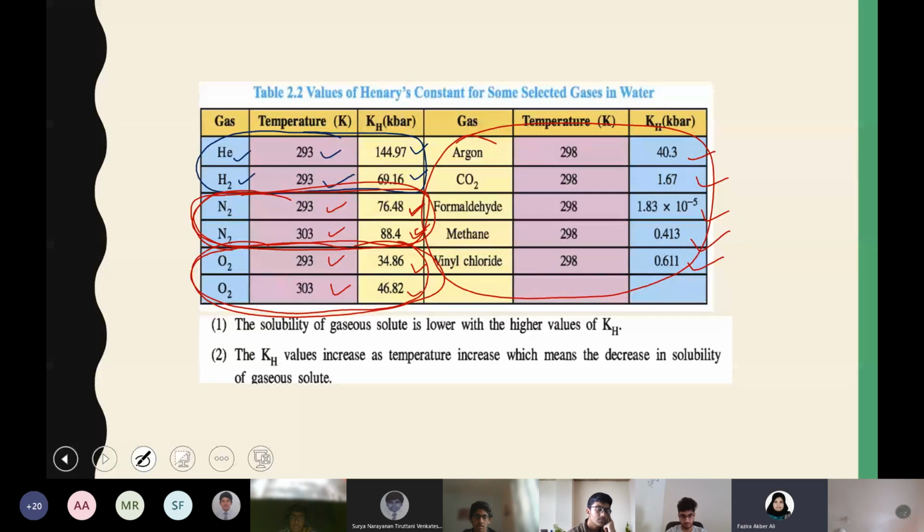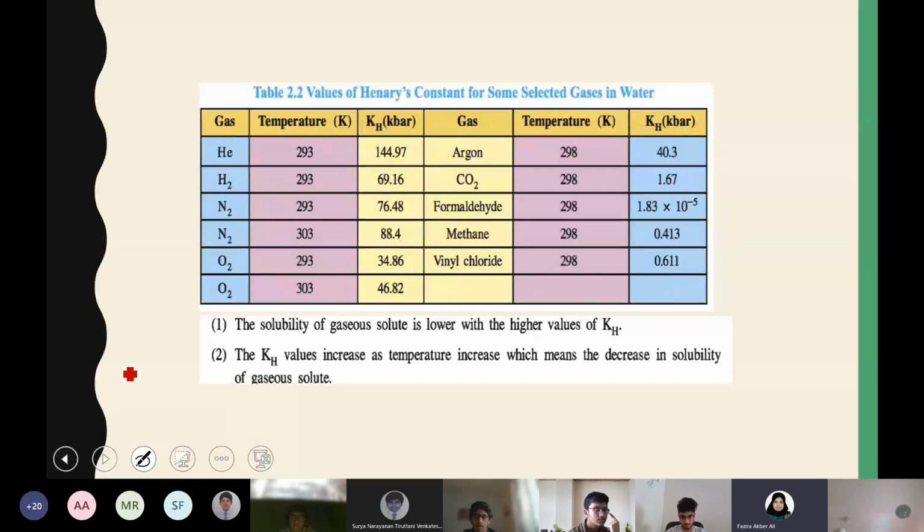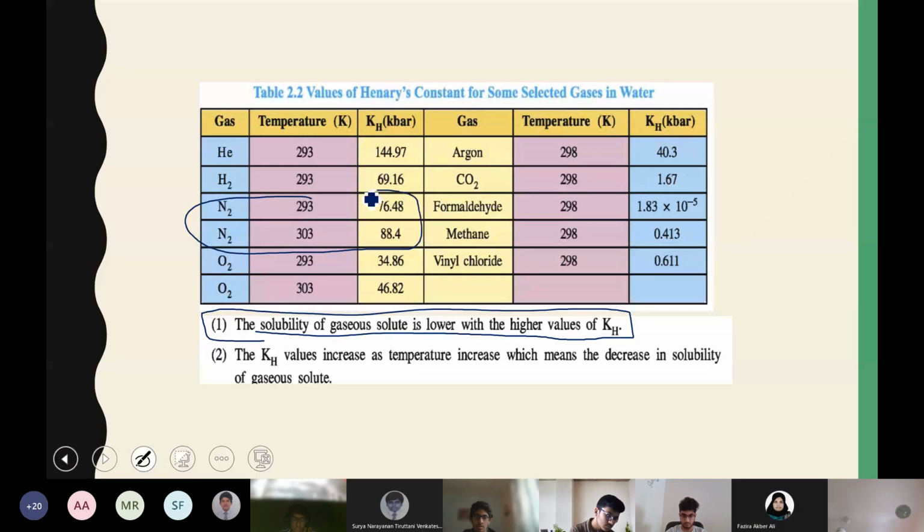And the other two points you can find related to KH: the solubility of a gaseous solute is lower with higher values of KH. If you look at nitrogen, when you increase the temperature, what is happening to KH? The KH value is also increasing, 76.48 becomes 88.4.